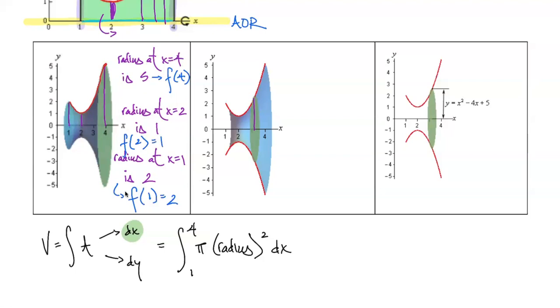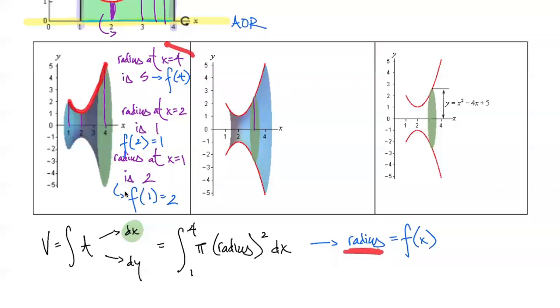Okay. So here's the beautiful thing. I'll add this maybe over here. The radius of any single circle, we can say, is f of x. Whatever the function is that defines the red curve, that's going to tell us what the radius is of every single slice.